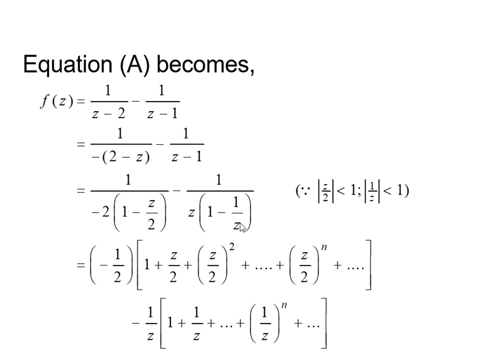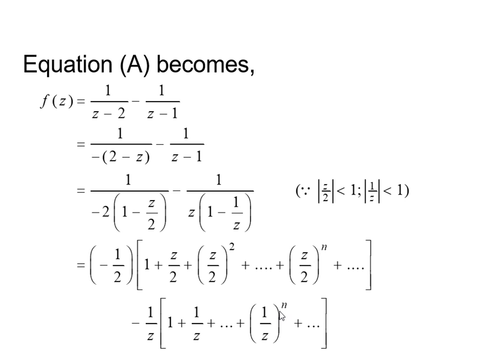So taking z outside, we get minus 1 by z into 1 minus 1 by z to the power minus 1. This is also a binomial expansion. So we get this series, minus 1 by z into 1 plus 1 by z plus 1 by z whole square, etc., 1 by z to the n.